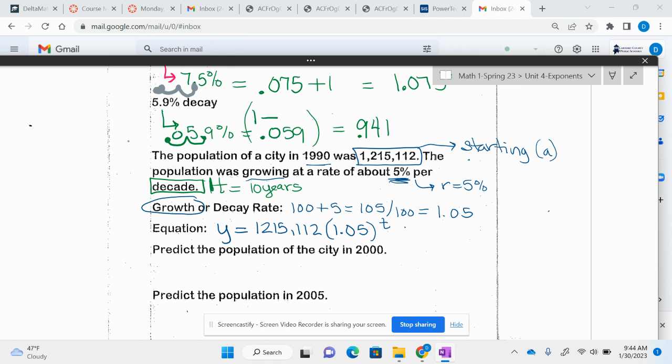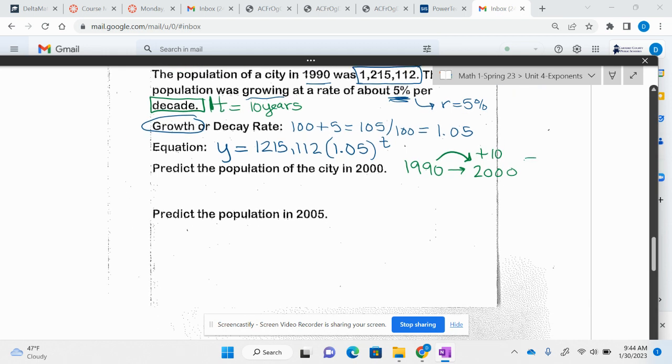So we're predicting the population for the year 2000. From 1990 to the year 2000, that's plus 10 years, right? So that means that T equals 1, because that's 1 decade.